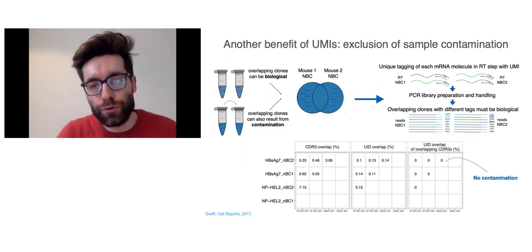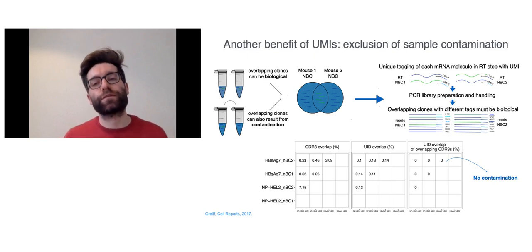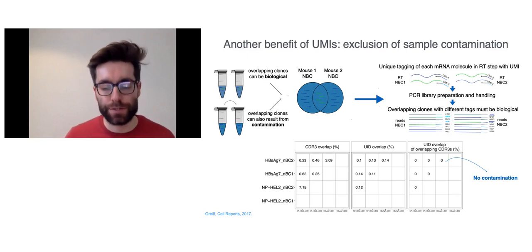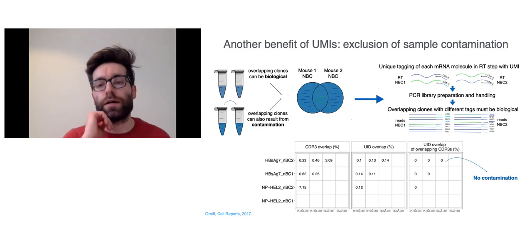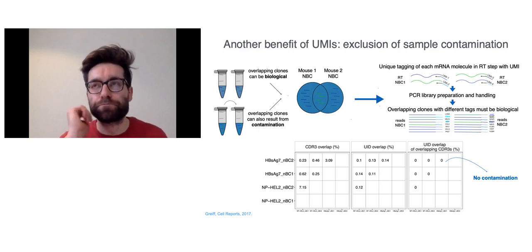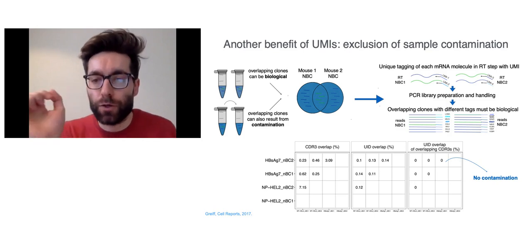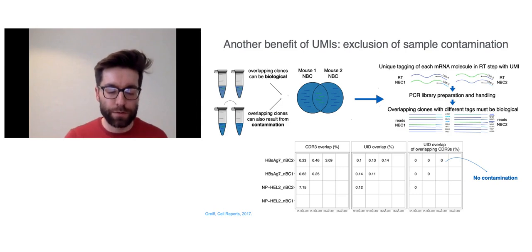We have also used UMIs in a completely different setting, not for error correction, but for checking contamination. So a lot of the repertoire field is focused on looking at public clones, so the overlap across different individuals.